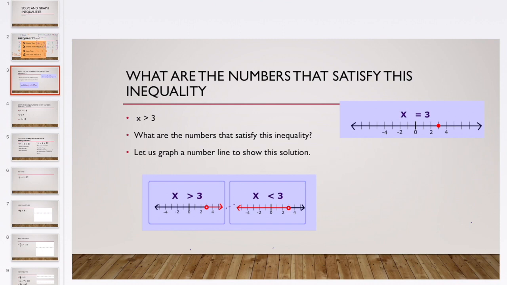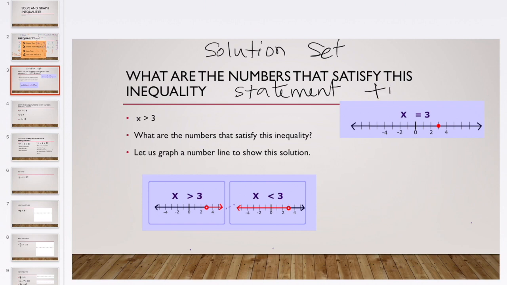Let's actually graph an inequality to see how it works. What are the numbers that satisfy this inequality? In other words, what is the solution set that would make this statement true? These are the vocabulary that we're going to be using today.